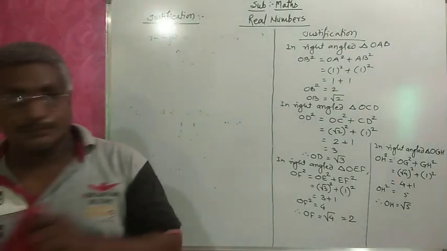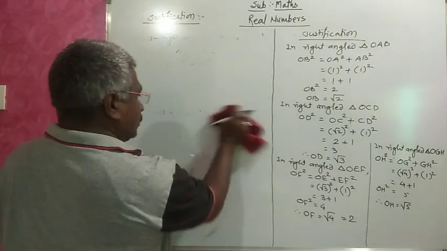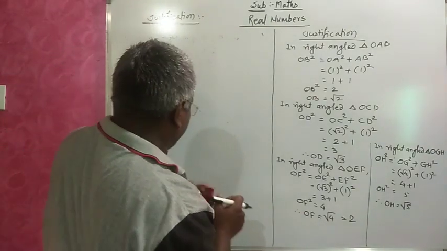So now in that unit square method, the direct method is there. So how to represent directly?